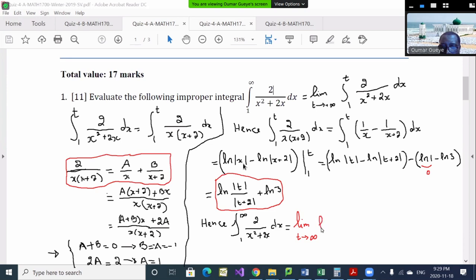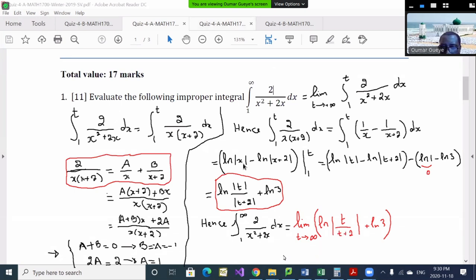I'm just going to write it as ln of the absolute value. I use just one absolute value because the absolute value of the ratio is equal to the ratio of the absolute values. It's going to be ln of t over t plus 2, plus ln of 3. Okay, now as I told you, we have infinity over infinity.